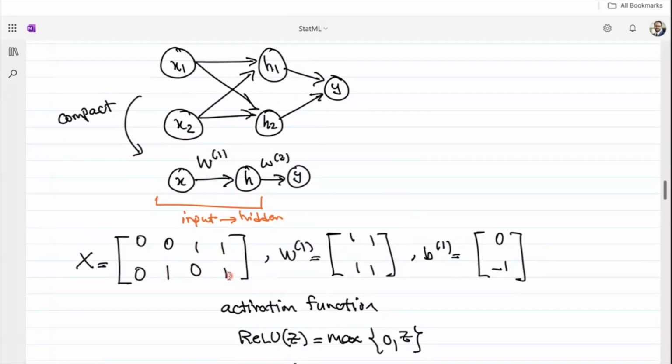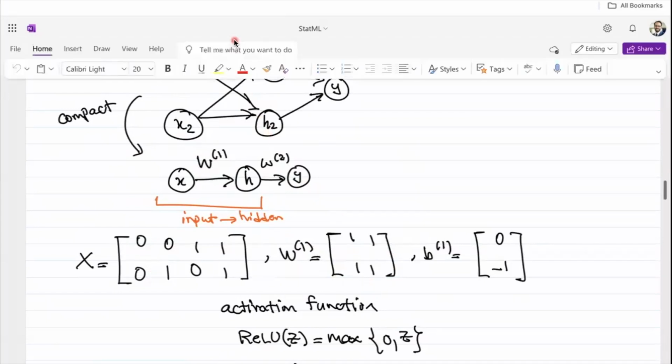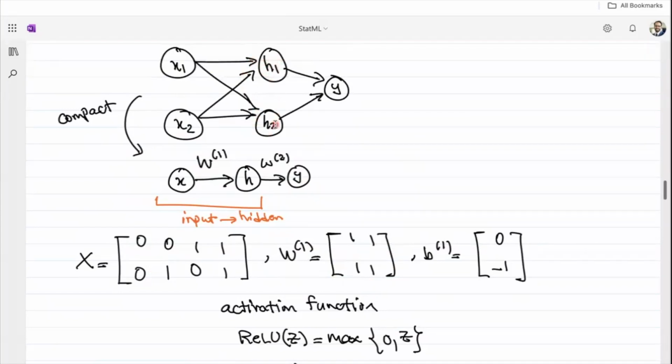So it's a 2 by 4 matrix for 4 data points. Now, we know that W1, given what we just discussed, should be 2 by 2 because we have 2 nodes and 2 nodes. And let's say these are the optimal or correct values. And also we have one bias for H1 and one bias for H2. And let's say these are the values.